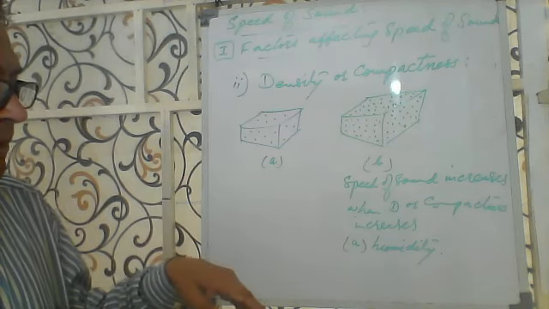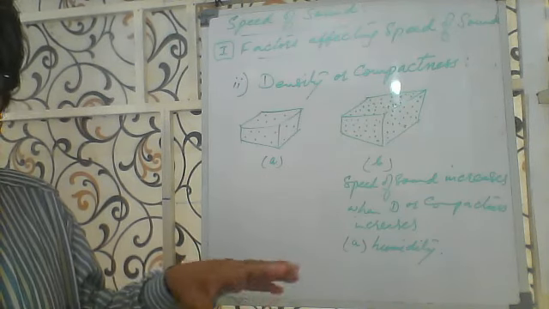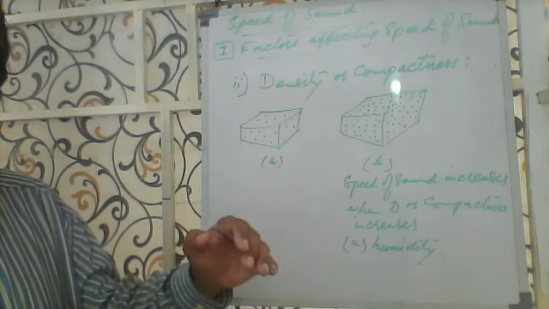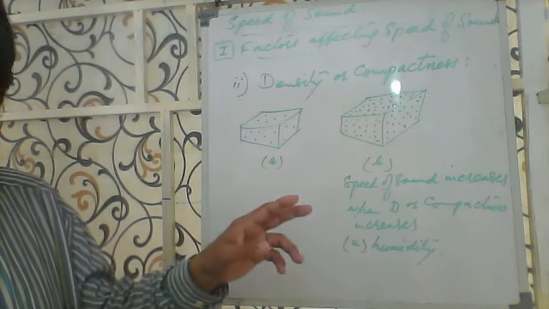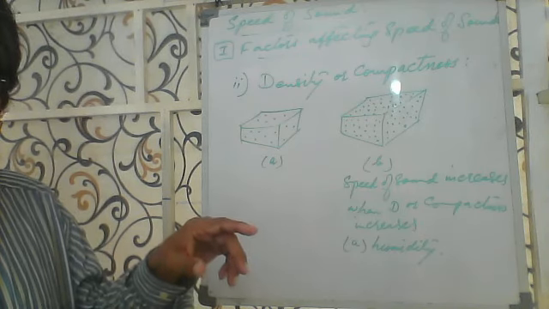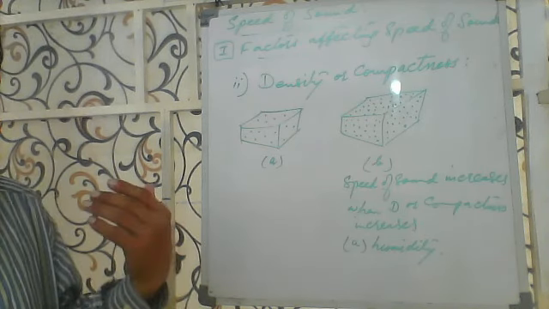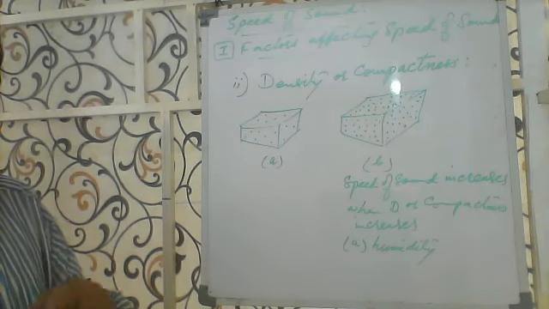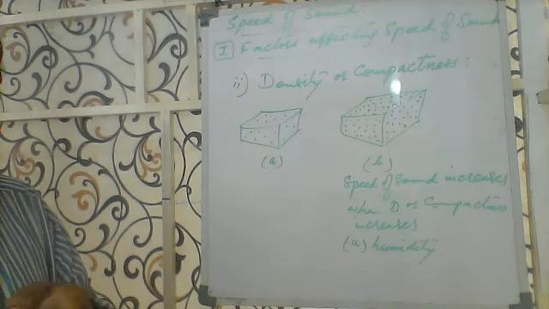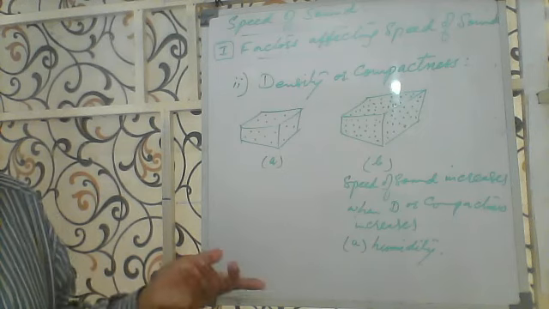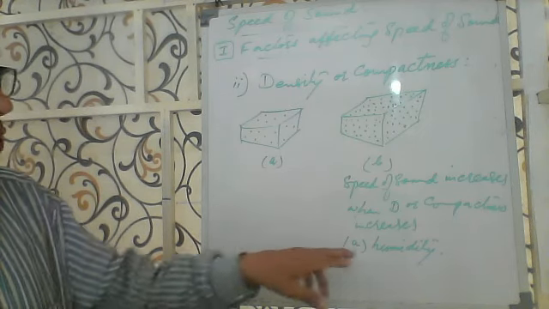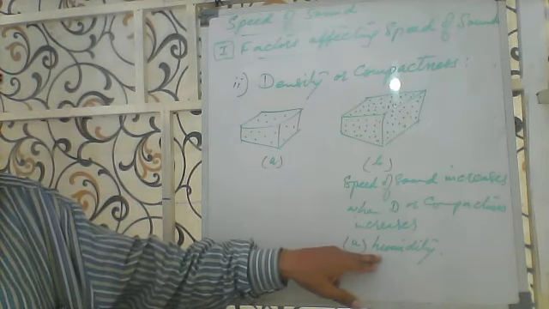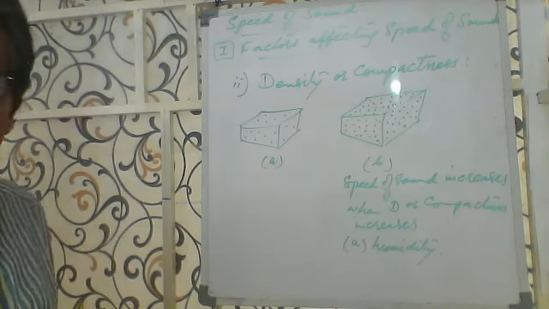And that's why the areas which are near to sea or river, the speed of sound will be greater as compared to the speed of sound in the areas which are far away from river or sea, etc. So if humidity is increased, then the speed of sound also increases.